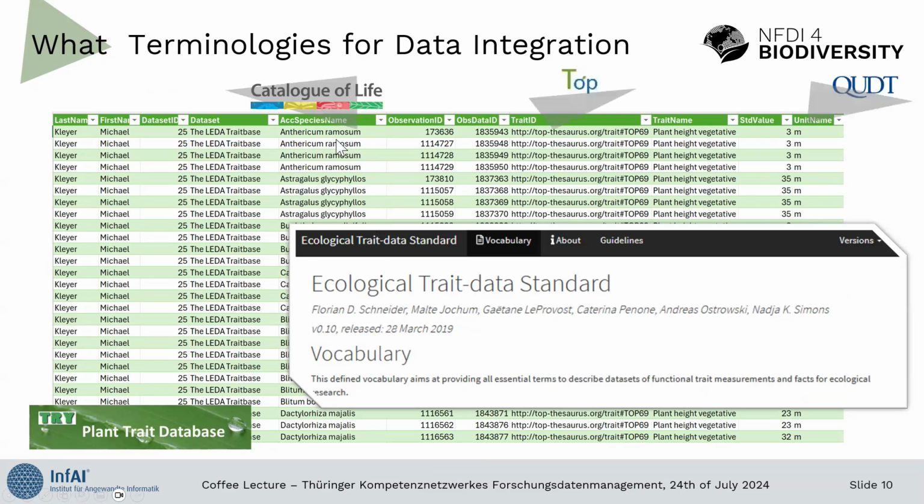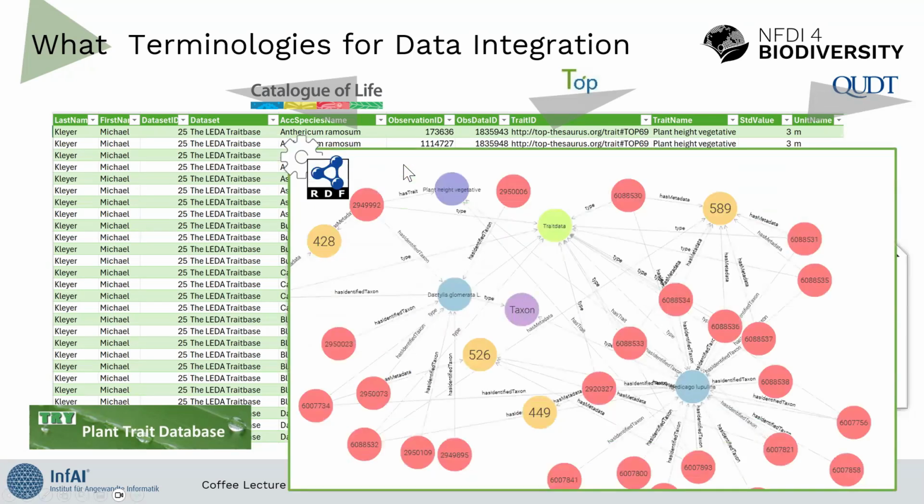And then content-wise, we also need to connect to additional terminologies. For instance, here we use the Catalogue of Life for species names, the TOP thesaurus for the traits, and the QUDT, the quantity and unit ontology, for the unit names. And basically, once we have all this information, we can transform the data into a knowledge graph.